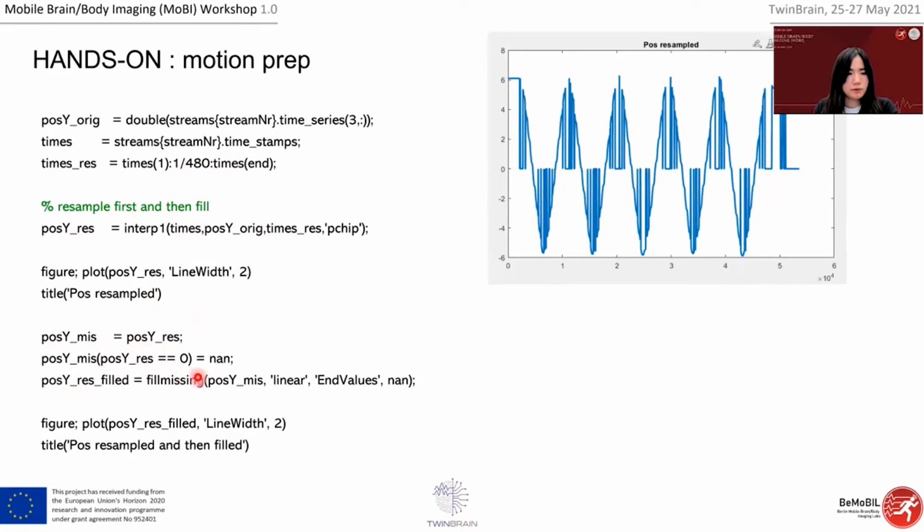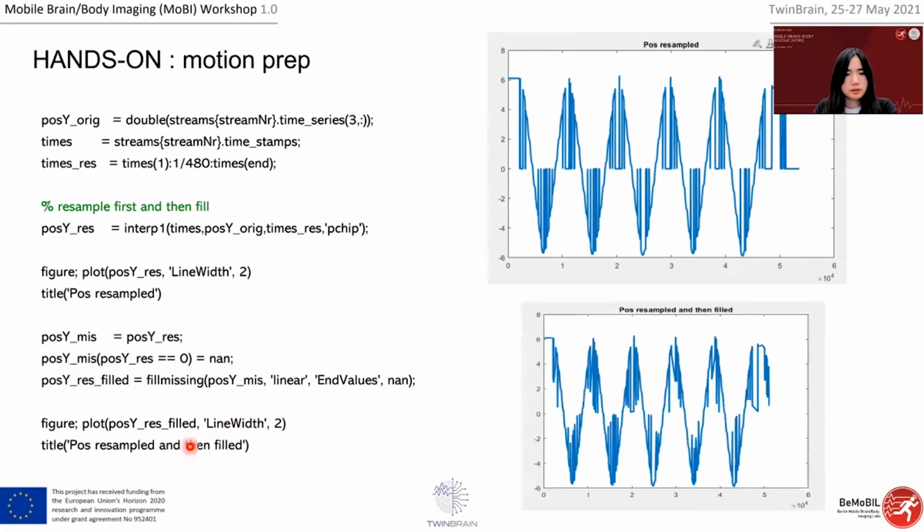Then use this MATLAB function called fillmissing, which returns the data filled by means of linear interpolation. If you plot this now, occlusion artifacts are not removed. It did something, but it's not nicely done.